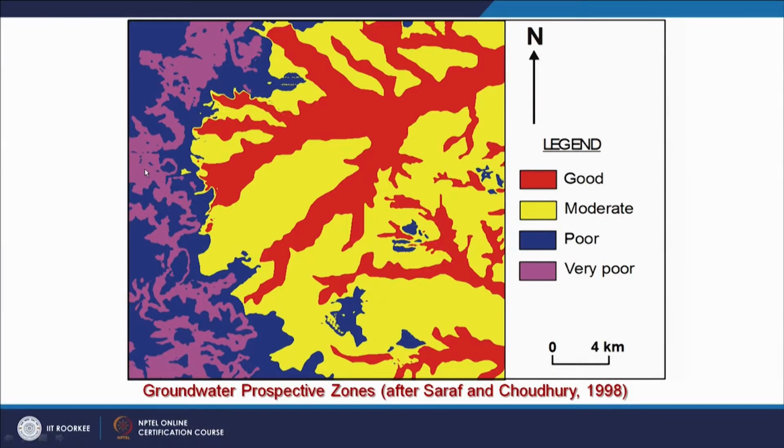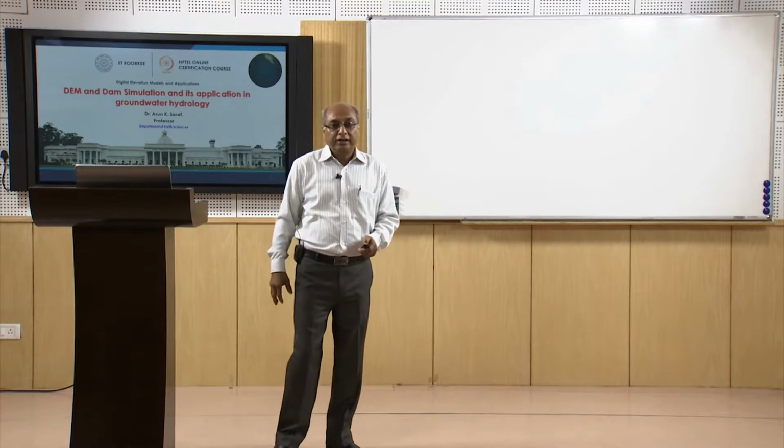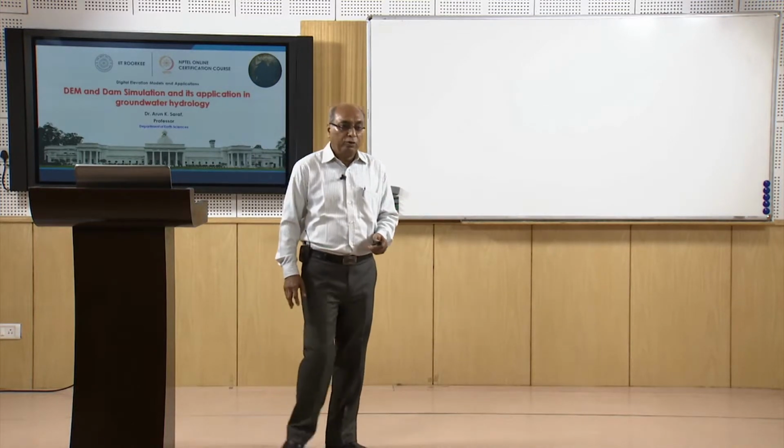The higher grounds having hard rocks and very small watershed size, with first or second order streams, have very poor chances of availability of water. So, using a simple digital elevation model and some knowledge derived or interpreted through satellite images, we can create such products which will tell us the potential availability of water.